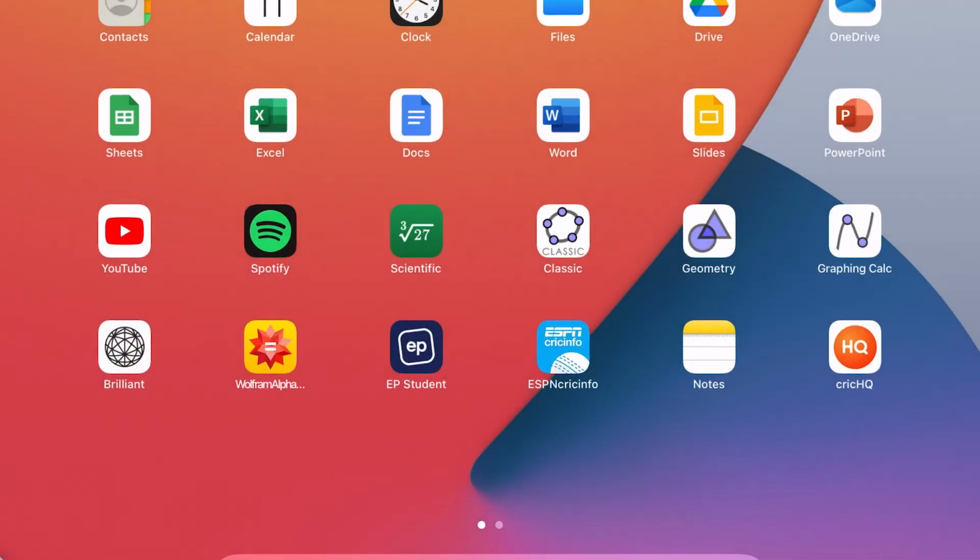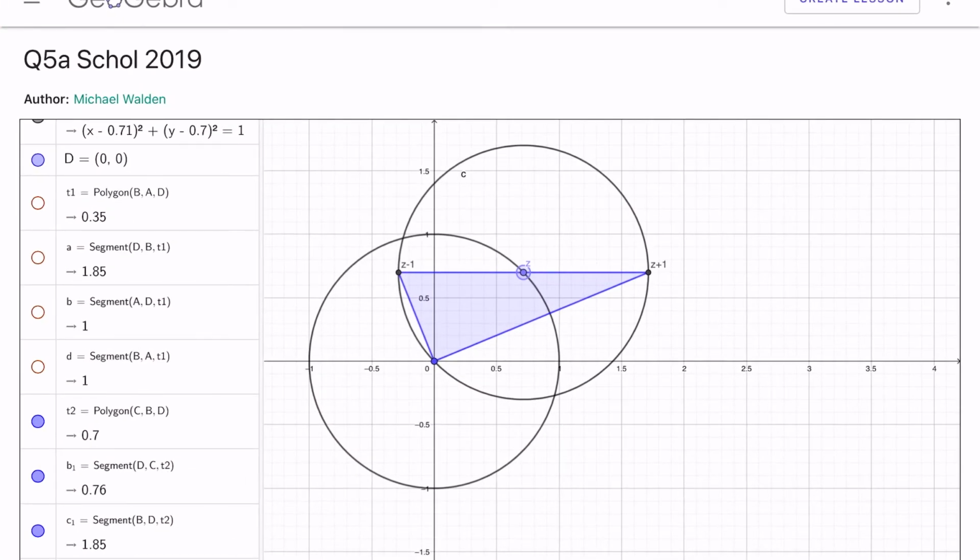Okay, let's see. r1 over r2 is the modulus of z minus 1 divided by the modulus of z plus 1, which is the tan of the angle theta over 2. Okay, because that acute angle in that right angle triangle, the smallest one, the top right, is theta over 2, and the tan of that gives us the fraction.